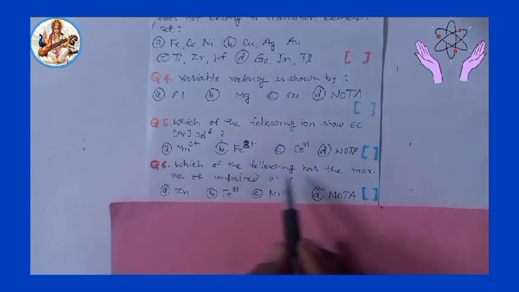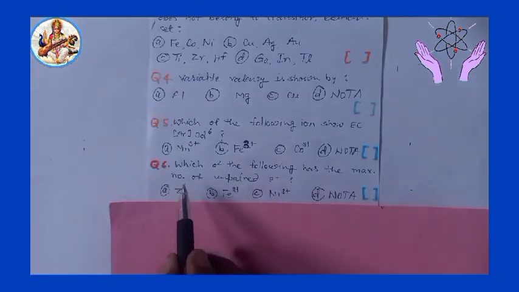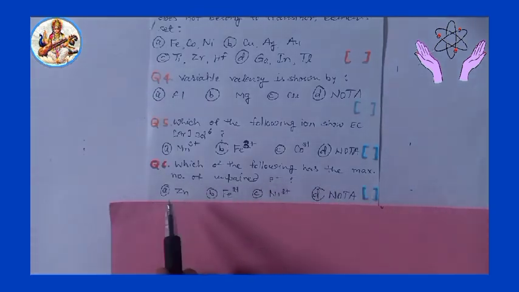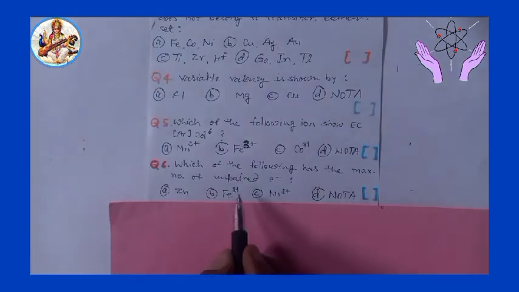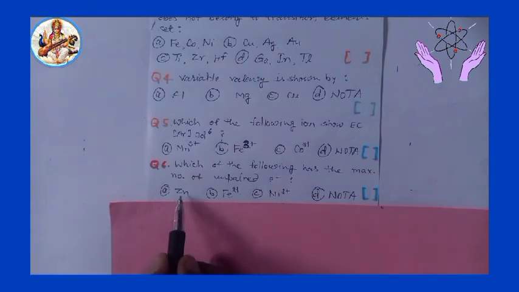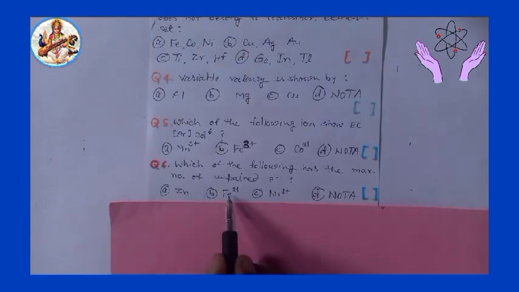Next, 6: which of the following has the maximum number of unpaired electrons? Zinc, Fe2+, nickel 3+, none of the above. The electronic configuration of zinc is 3d10 4s2, so the number of unpaired electrons is 0.